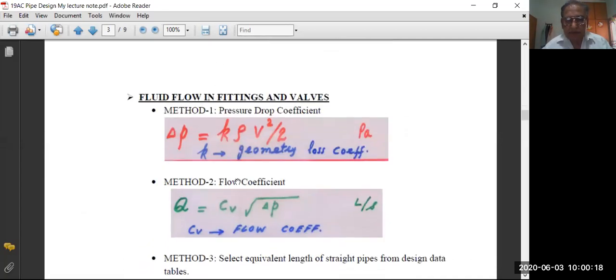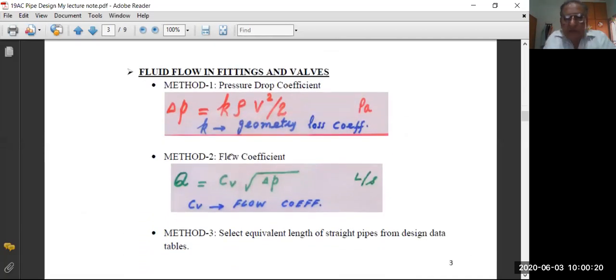Now let's go ahead. In a chilled water piping system or any piping system, just like ducts, you need volume flow controls. For that we need valves and fittings. So for valves and fittings, we use this formula.